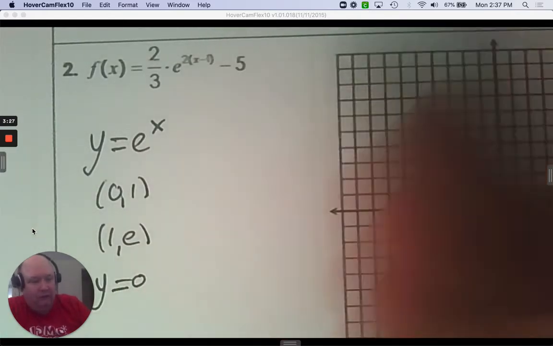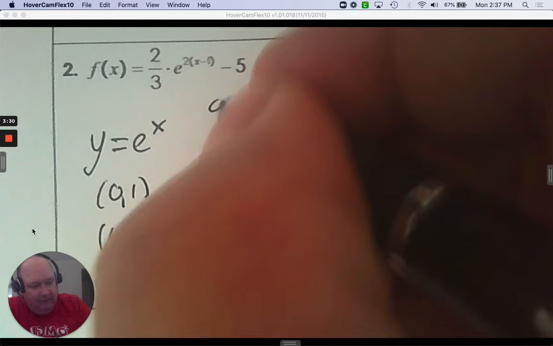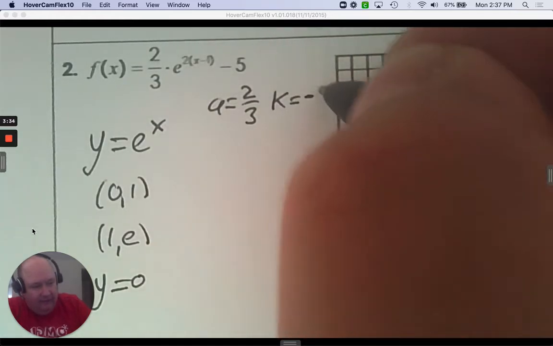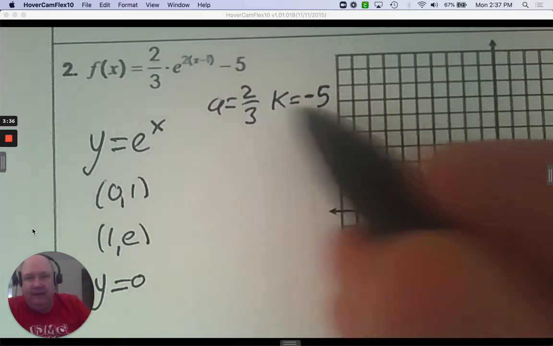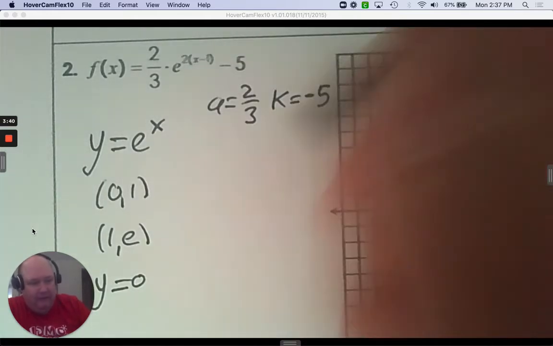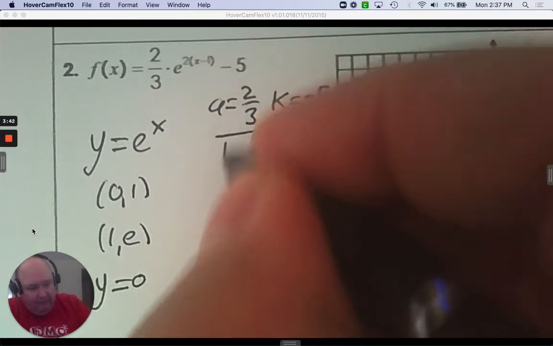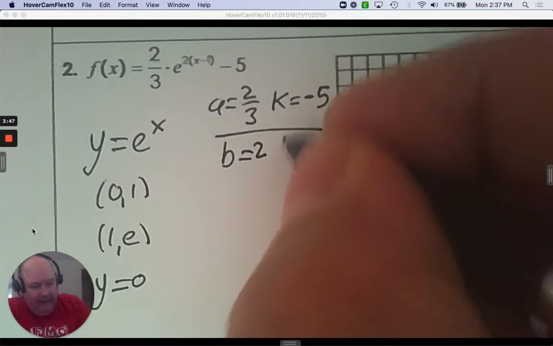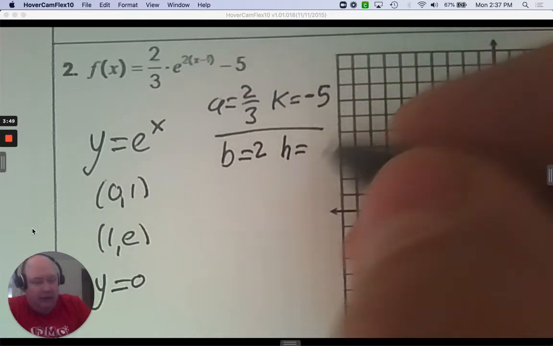Then look at the transformations. A is 2/3, and k is -5. That is what affects the y coordinate. In the exponent is what affects the x coordinate. So b is equal to 2, and h is equal to +1.